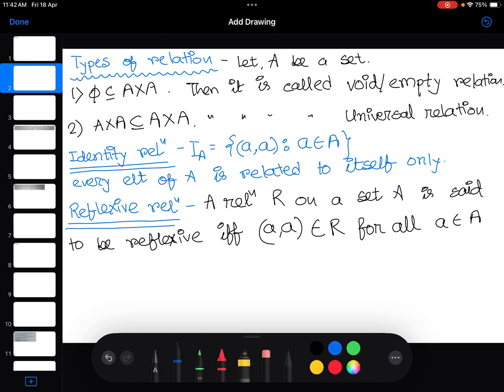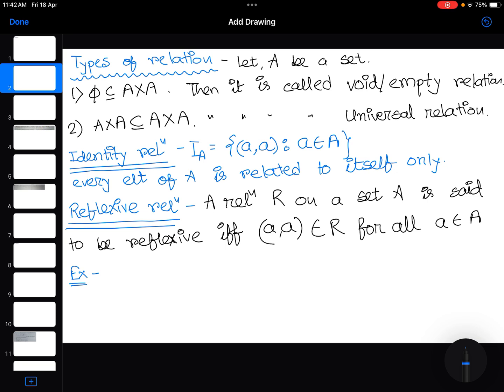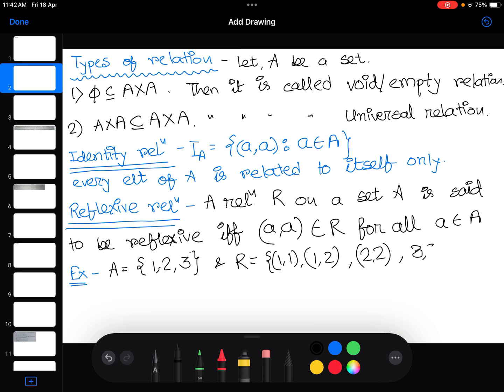Let us take an example. Let A be {1, 2, 3} and R be {(1,1), (1,2), (2,2), (3,3)}. Clearly this is reflexive. Why? Because for every element of A, 1, 2, 3, we have (1,1), (2,2), (3,3).